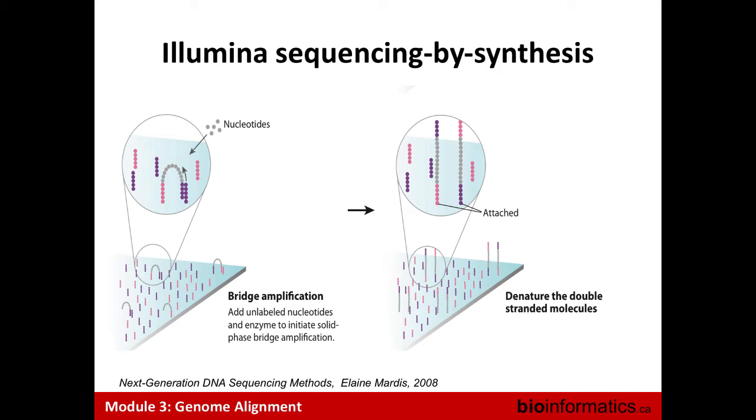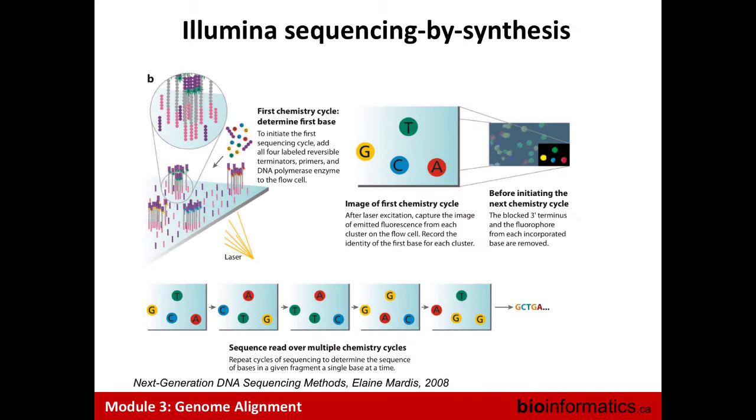Then you will denature the double-strand molecules to have single molecules, and you will repeat this bridge amplification again and again. And at the end, you will have a cluster of sequences that are physically closely located and that represent the same initial DNA fragment.